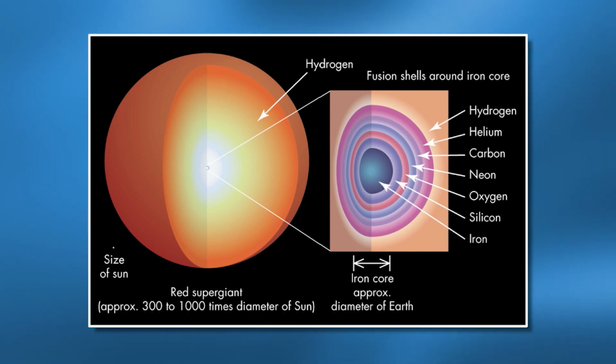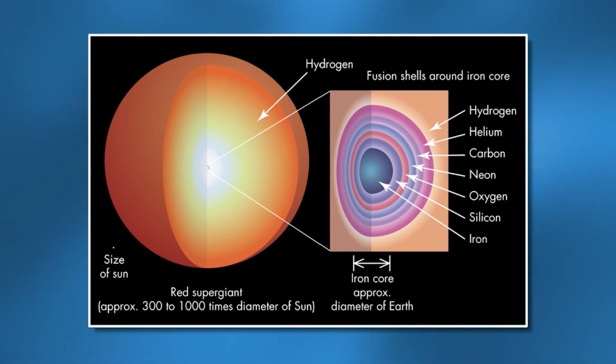And what you ultimately get are all of these advanced forms of fusion all taking place at the same time in a star. An O-type star, a very, very high mass star, is capable of producing iron at the same time that it's producing carbon and nitrogen and even helium.